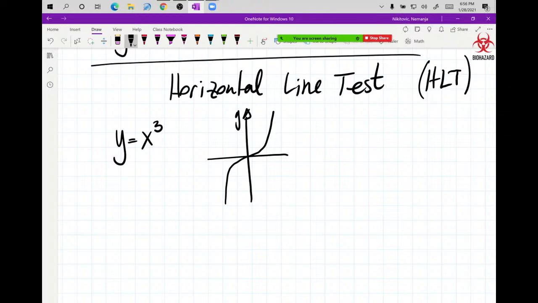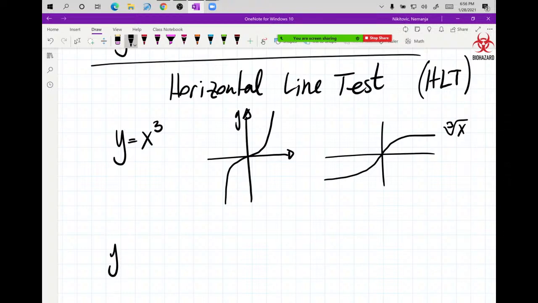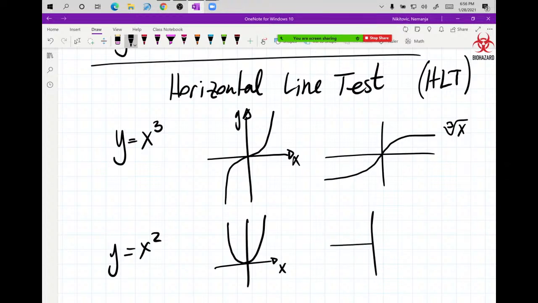Here's your good old friend x cubed, which had the inverse, we saw it, like this: the cube root of x. Now, we go to our old friend x squared, which looked like this, without restricting the domain, and it had the inverse that went like that.